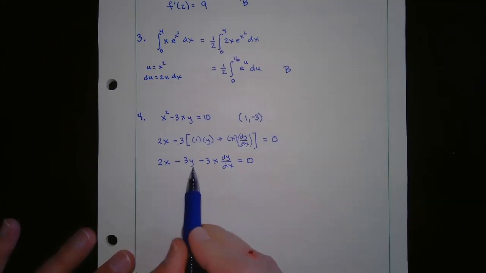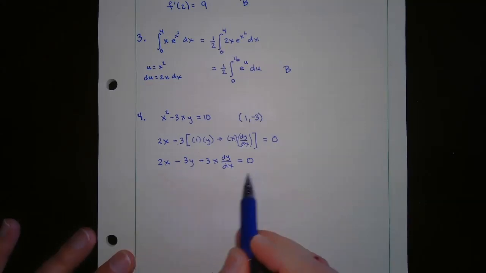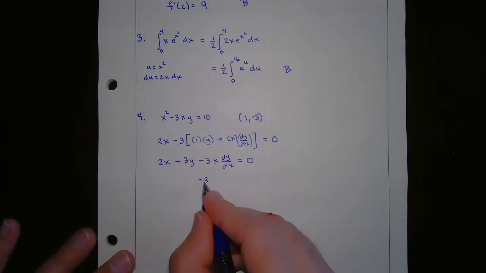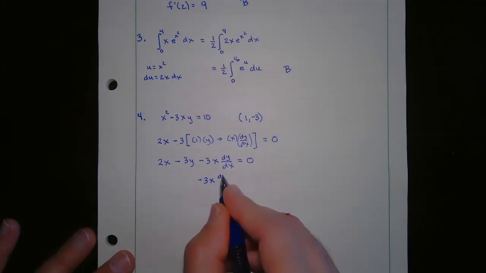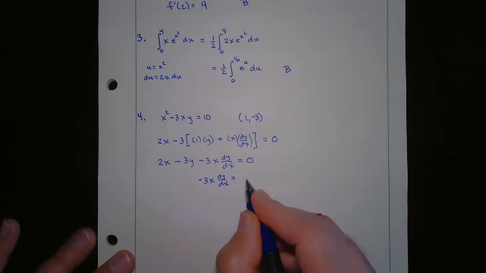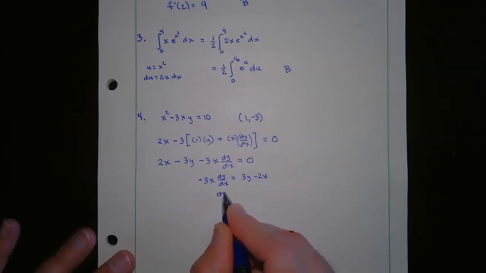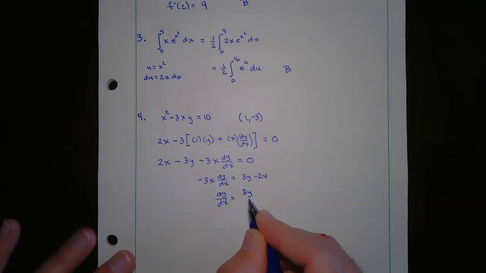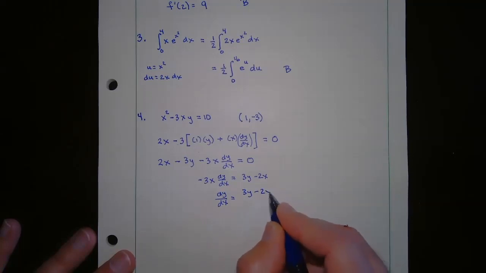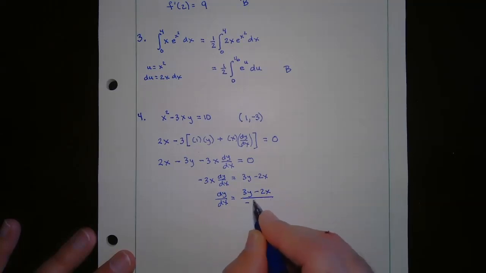Okay, so I'm going to move these over to the other side. So I have negative 3x dy over dx is equal to 3y minus 2x. And then dy over dx is equal to 3y minus 2x all over negative 3x, right?